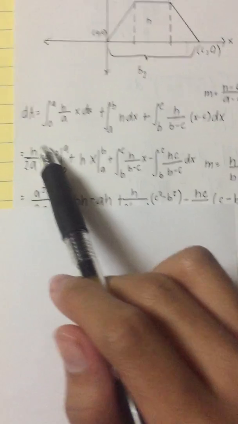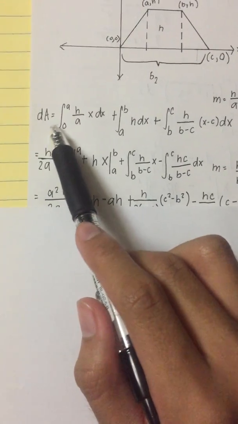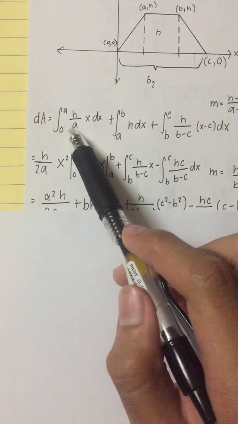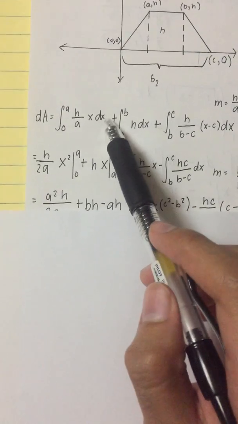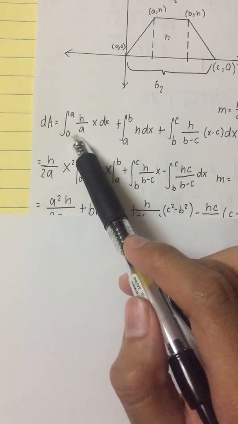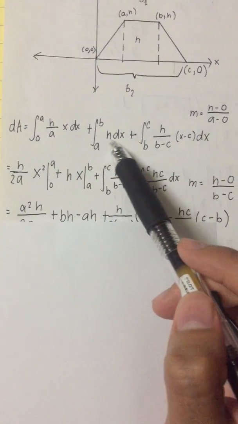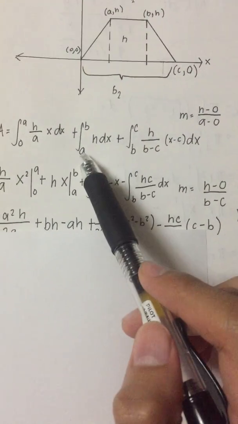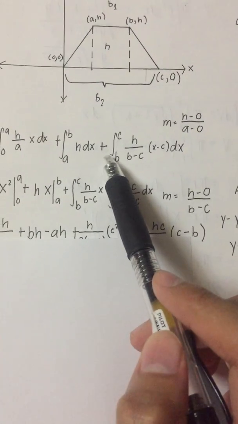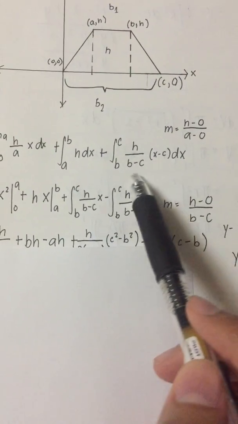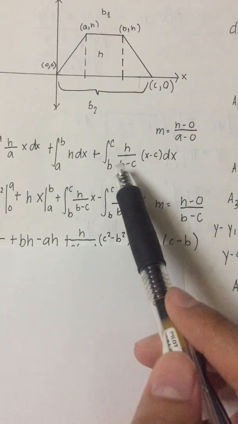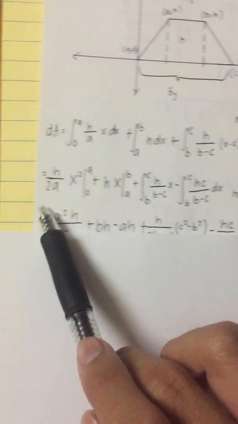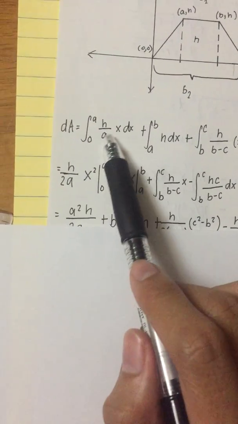So in the formula, the area is equal to the integral of h over a x dx from the limits 0 to a, plus the integral of h dx from the limits a to b, plus the integral of h over b minus c times x minus c dx from the limits b to c. So we integrate.